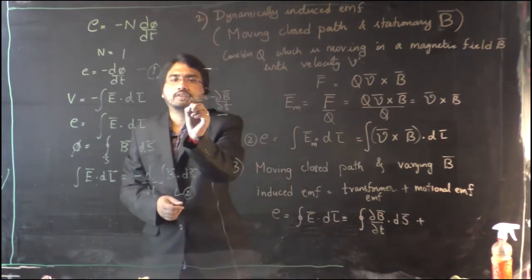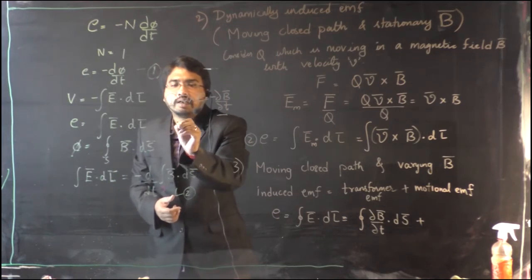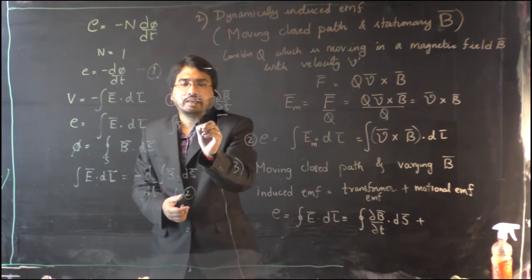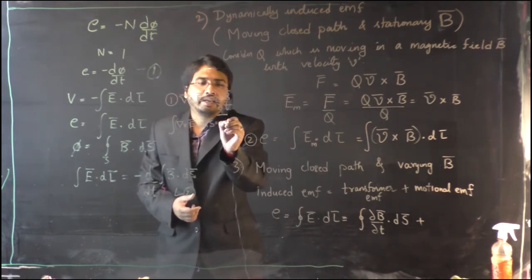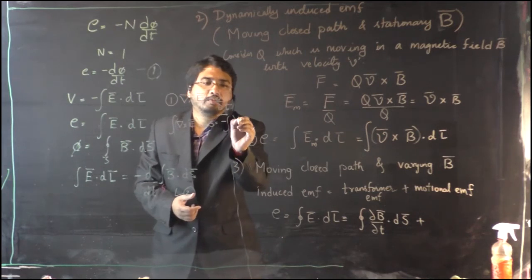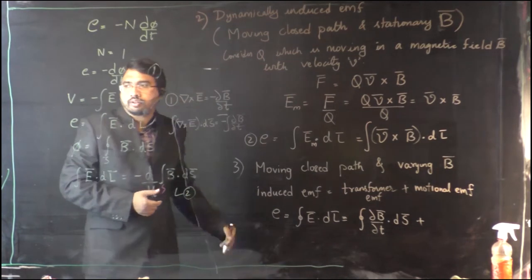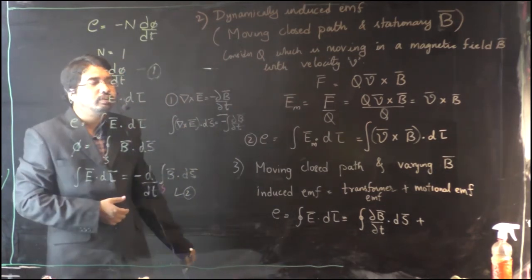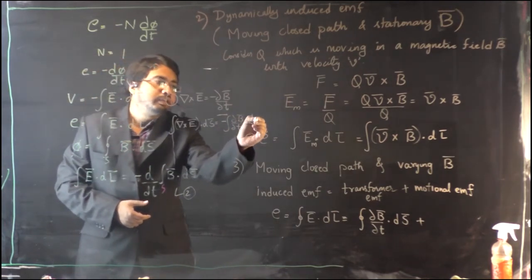That means this first case, before comparison, what we got? Integral del cross E bar dot ds bar is equal to minus integral dou B bar by dou T dot ds bar.